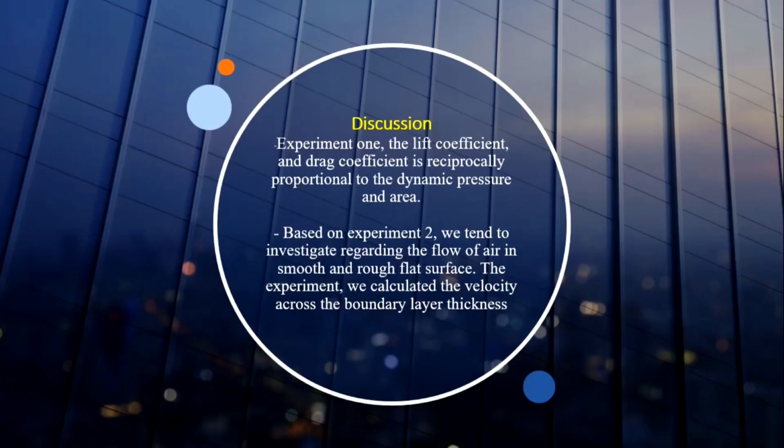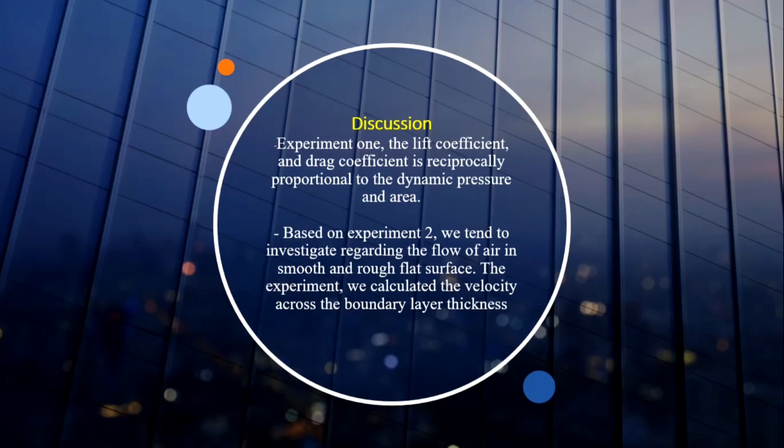For the discussion, in experiment 1, the lift coefficient and drag coefficient are proportional to the dynamic pressure and area. In the second experiment, we investigate the flow of air over smooth and rough flat surfaces. In the experiment, we calculate the velocity across the boundary layer thickness.